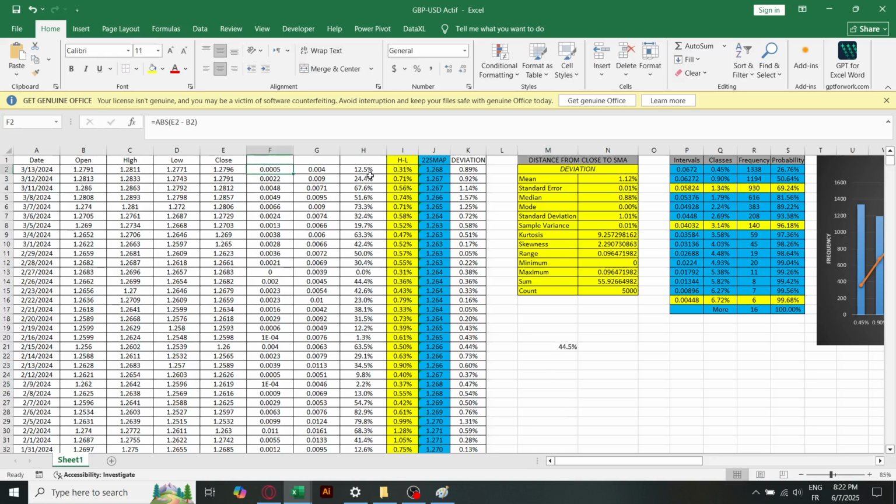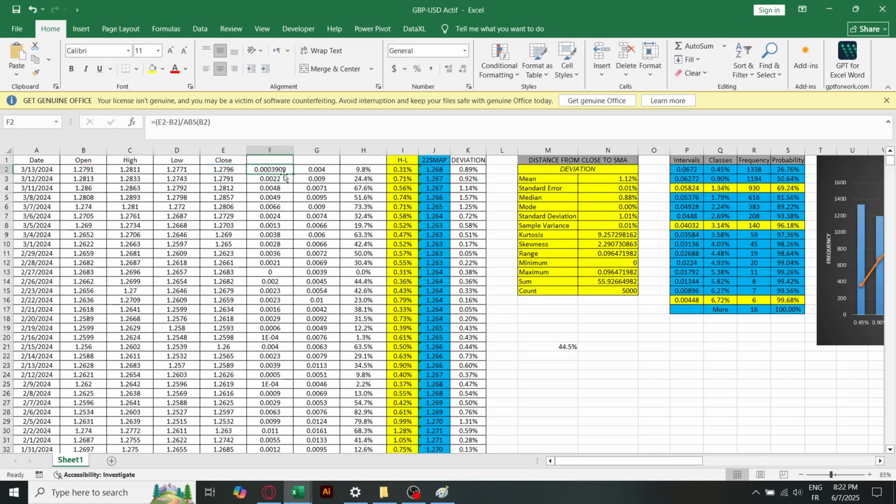So where is the daily return? There is no daily return over here, so I'll just change it. It's close minus the open divided by the absolute value of the open.